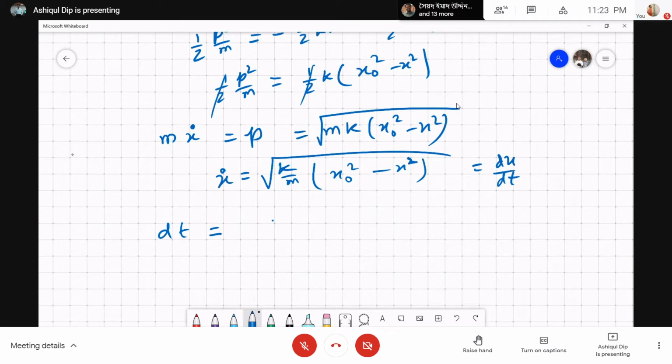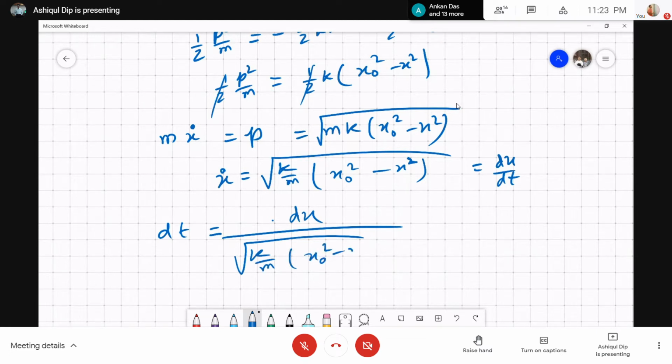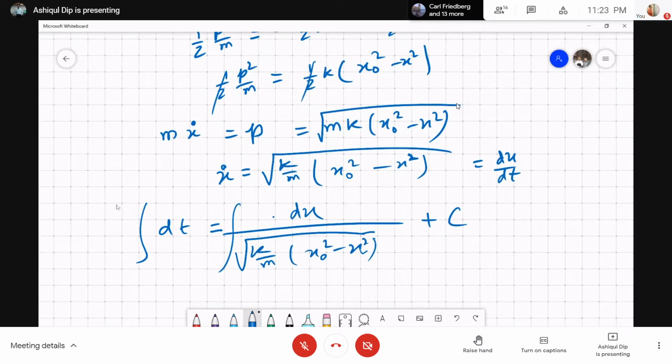So dx divided by the square root of k over m times x naught square minus x squared. Yes, it'll give you sine something. So integration of that thing plus some c. Sine inverse.